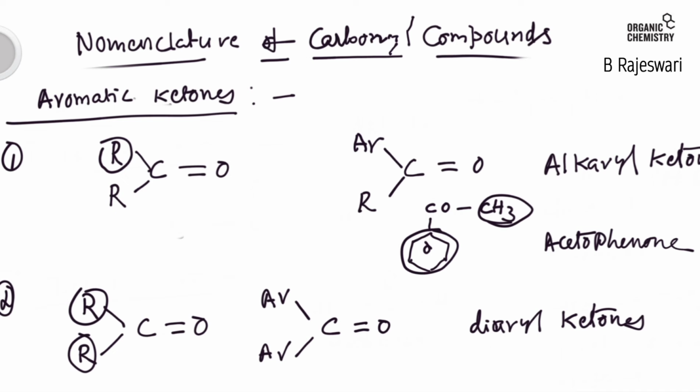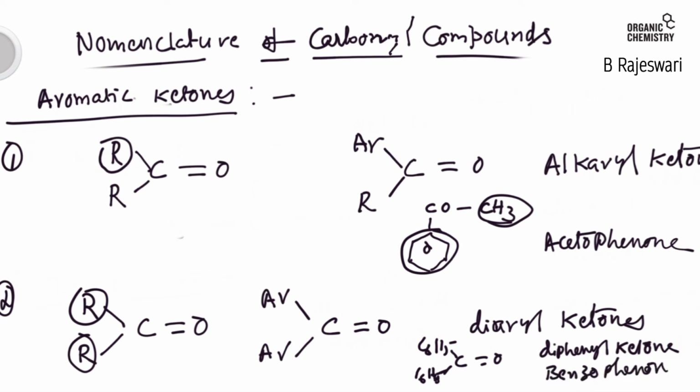For example, if both phenyl groups are attached to the carbonyl group, then it is known as diphenyl ketone or benzophenone. So this is about the nomenclature of both aldehydes and ketones.